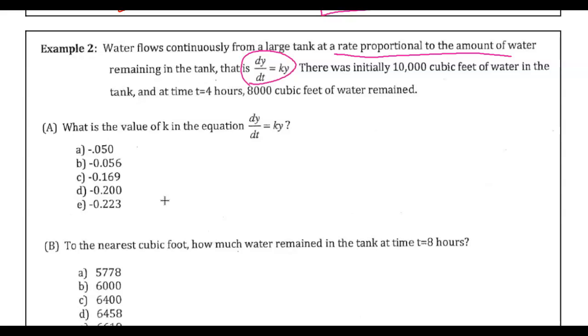So if there's initially 10,000 cubic feet, that means that (0, 10,000) is an initial value in the tank, and at time t equals 4, we have 8,000. That's another condition, a known value, I won't say initial. Feet remained. So it says, what is the value of k in this equation?